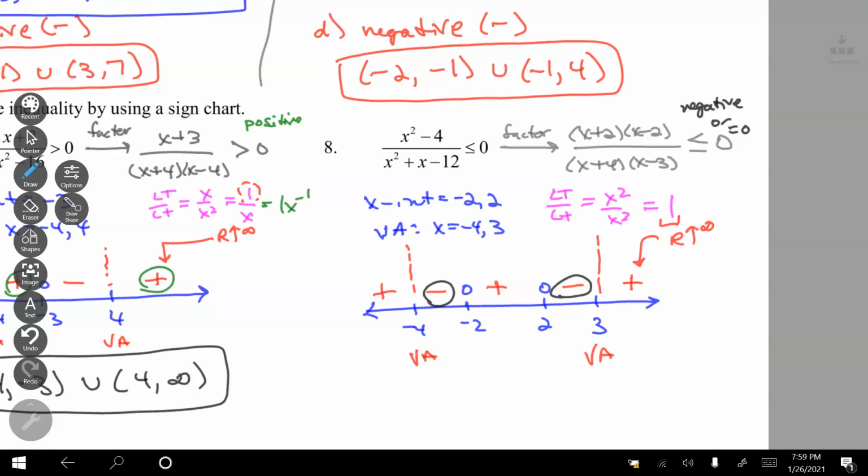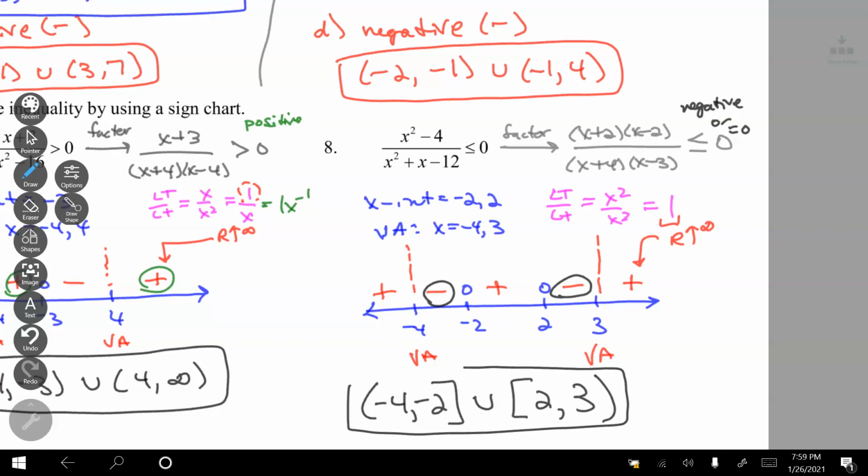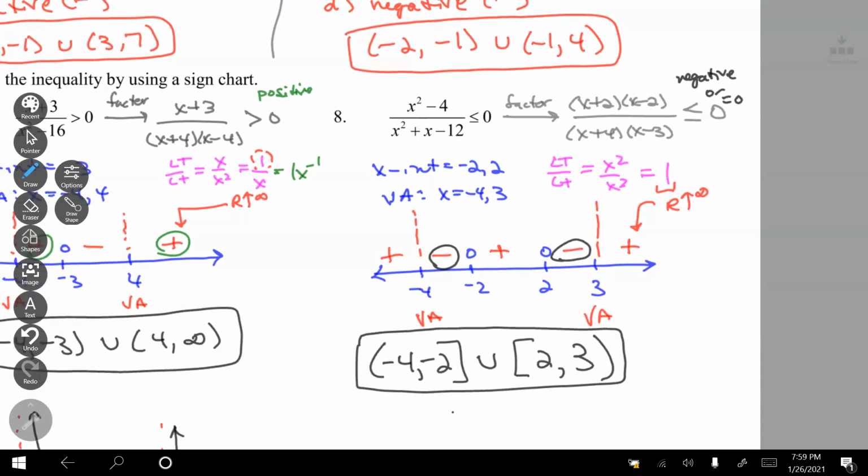But the negative 4 and 3 are asymptotes. They're not included. So it's going to be parentheses negative 4, comma, negative 2, bracket, including that 0, union, bracket, 2, comma, 3, parentheses, because that's a vertical asymptote. I'm only including negative 2 and 2 with brackets because they are zeros, including the 0. Okay, thank you.